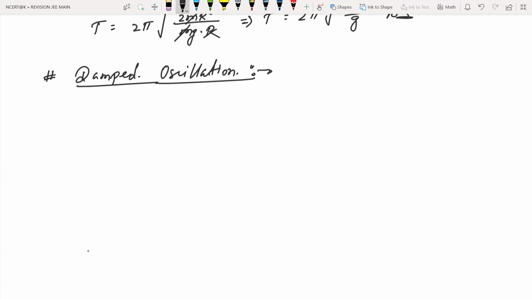So whenever the amplitude is getting decreased with respect to time in case of SHM, that kind of oscillation we say is damped oscillation. So this is the y-axis I'm considering for displacement.